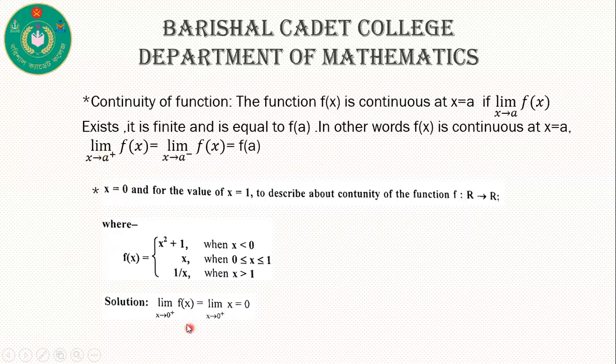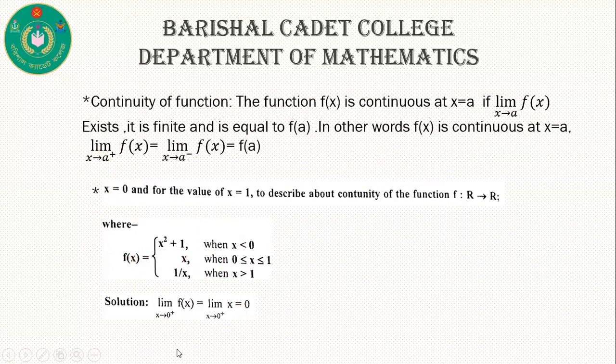So let us try to solve. Solution. Let limit x tends to 0 plus. That means the value of the function for x greater than 0. You see here x greater than 0, that means f of x is equal to x.